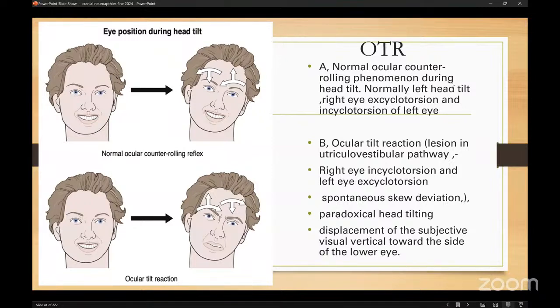But in those patients who have ocular tilt reaction because of involvement of utriculo-vestibular pathway, in that situation, the right eye will not excyclotort. It will cause incyclotorsion, and left eye will be excyclotorted. Just remember, OTR will have skew, they will have head tilting, they will have altered subjective visual vertical, and normal incyclotorsion doesn't happen.